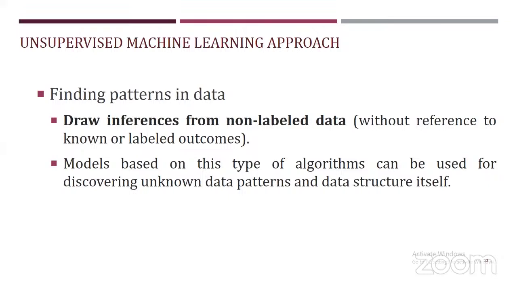This is the learning which you experience, and here no one is there to guide you. It is learning on your own. You try different things, and based upon that you get some positive or negative feedback, and based upon that you adjust again. So unsupervised learning is where you learn from unlabeled, not labeled, data.